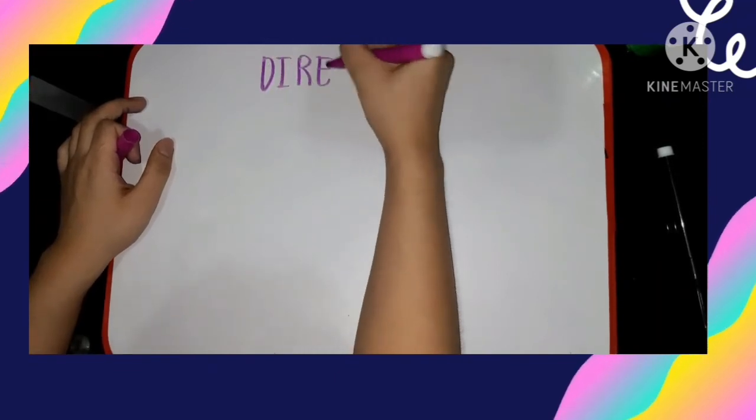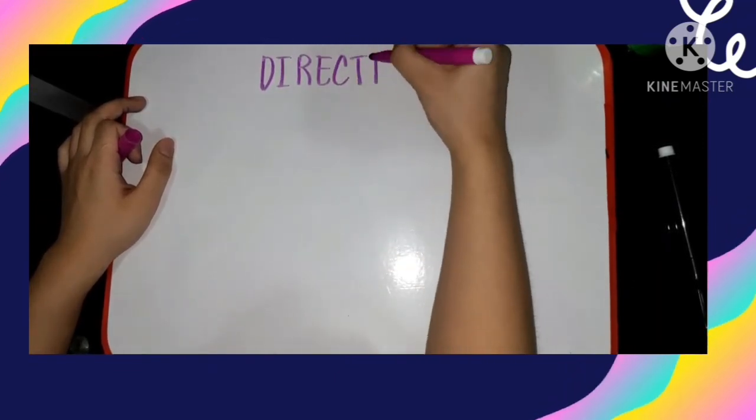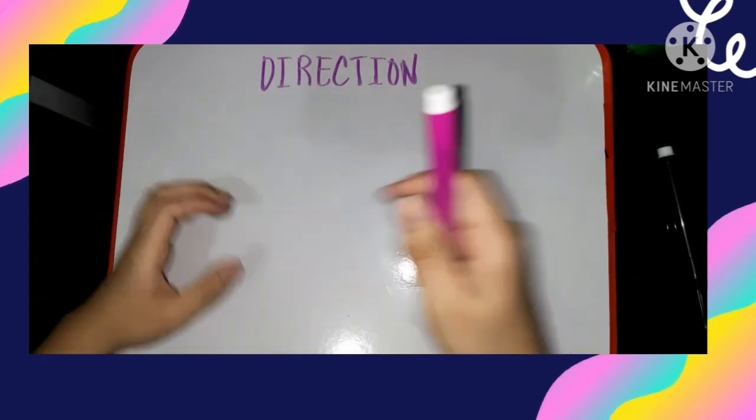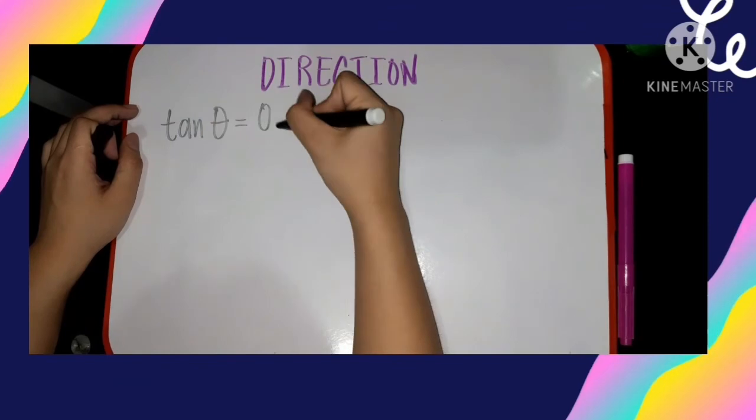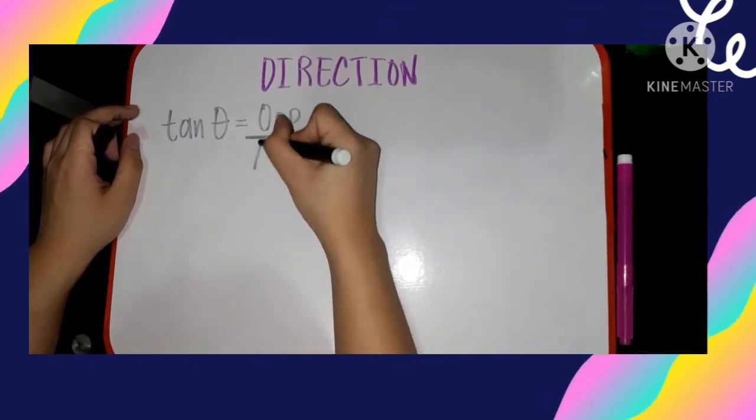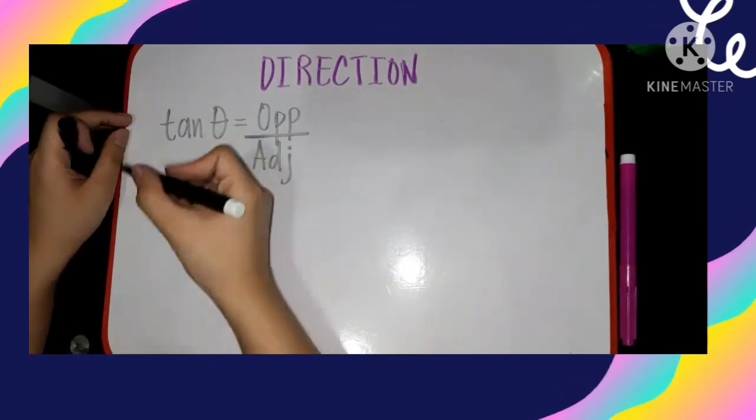For the direction, tangent theta is equal to opposite over adjacent sides.